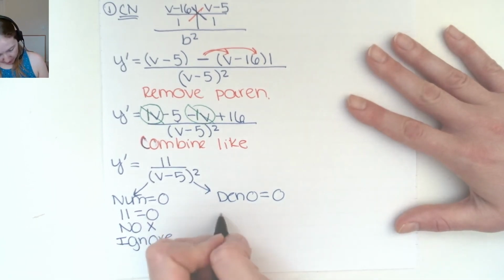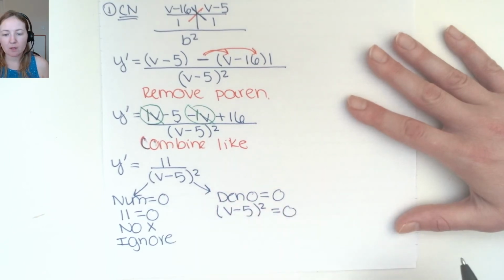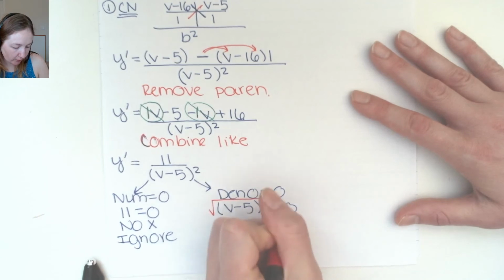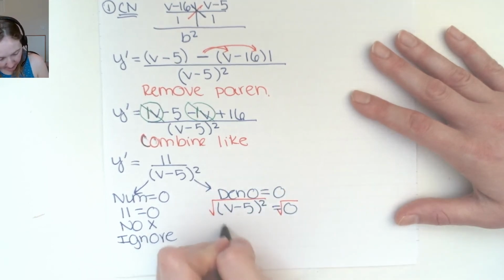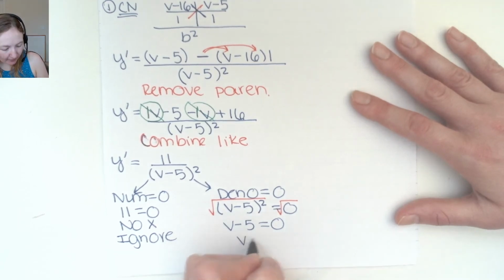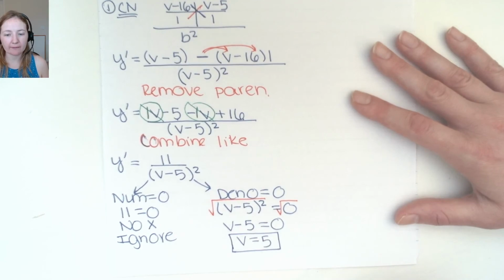In the denominator, I have v minus 5 squared equal to 0. To undo this, I would take the square root of both sides and get v minus 5 equal to 0. Add 5 to both sides and get v is equal to 5.